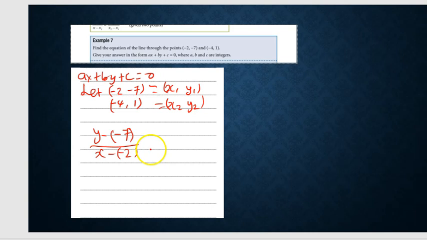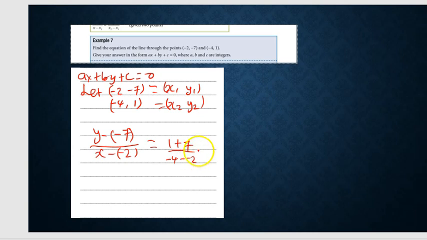So this becomes 1 minus -7, and 1 minus -7 is simply 1 plus 7, over -4 minus -2.